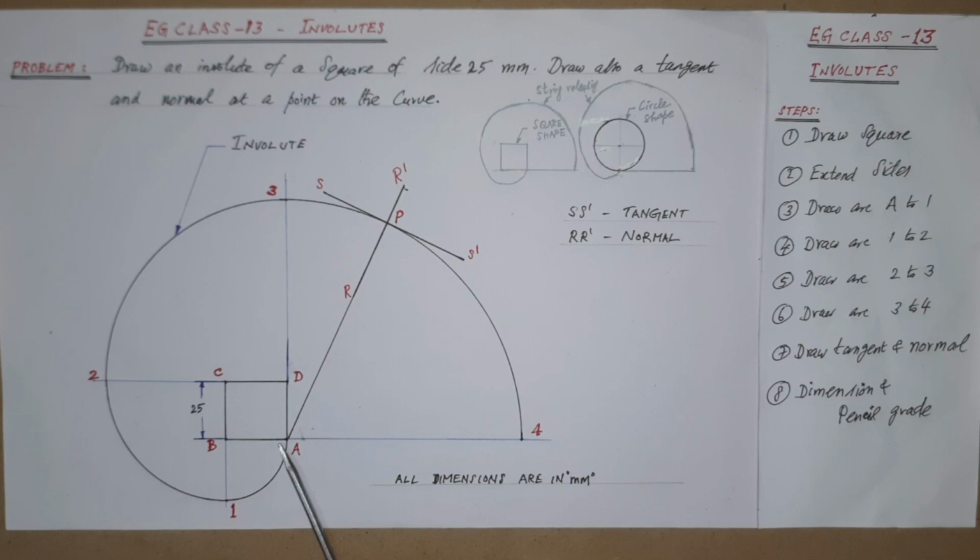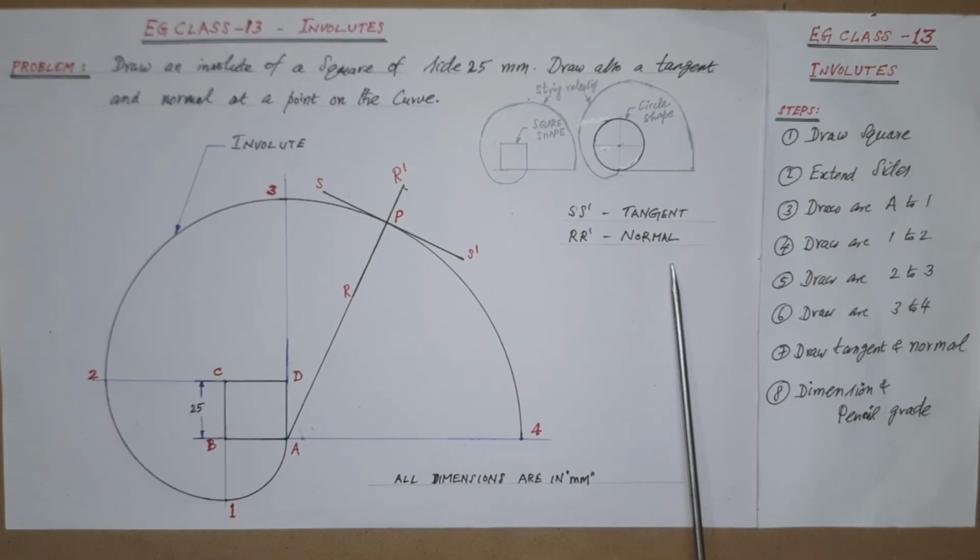Also use a 2H pencil for showing thin lines for the other supporting lines. Also mention the dimensions as well as words for tangent and normal, etc., by indicating them in the drawing sheet as shown here.